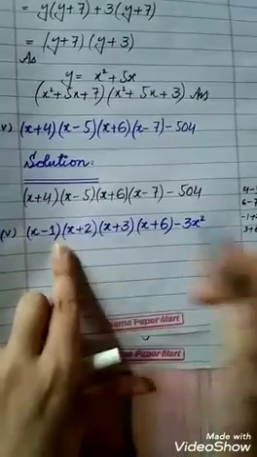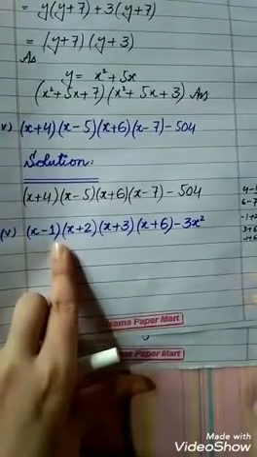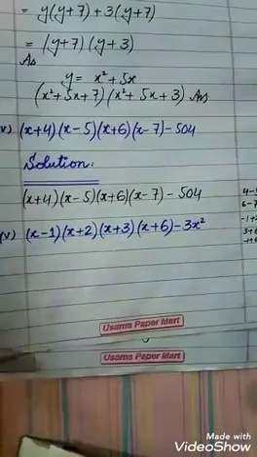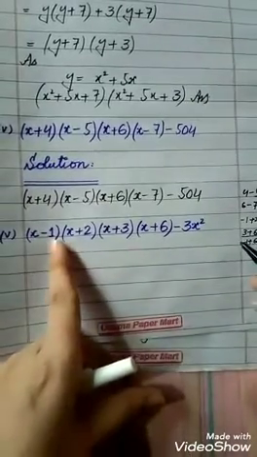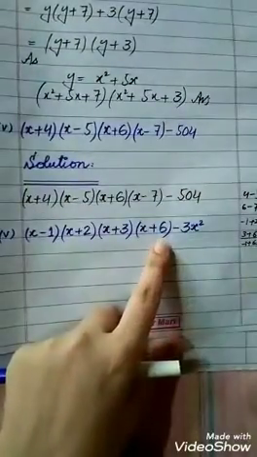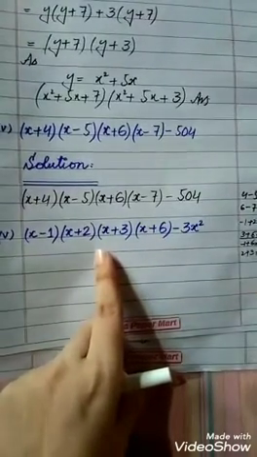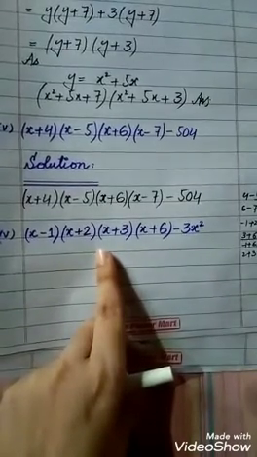It's -1 plus 6, which is 5, and 2 plus 3, that is also 5. So we have taken -1 times 6, its product is 5, and 2 times 3, its product is also 5, which means the result is 5.